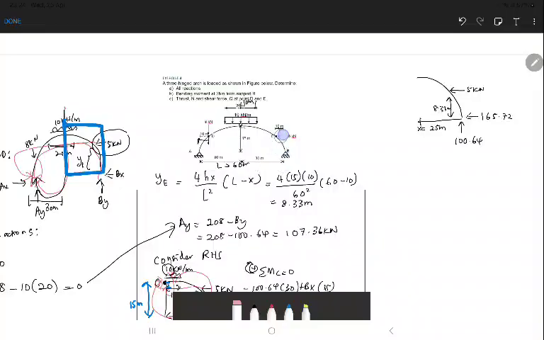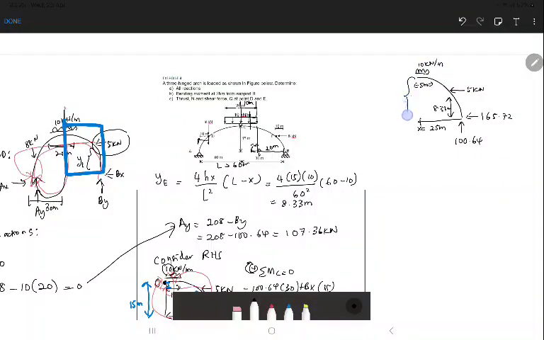Okay, I erase it first. 25 meter. This one is 10 meter. If 10 meter here, 20 meter, so you have another residual here 5 meter, and then you got the UDL at 5 meter, 10 kilonewton per meter.